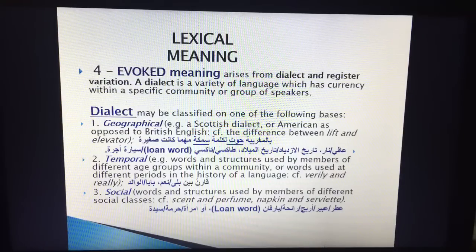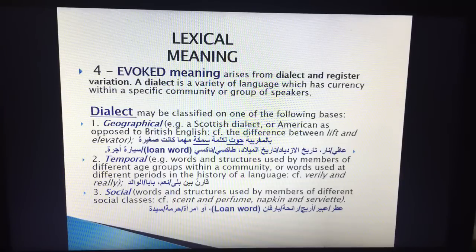And there is also temporal dialect, relating to a temporal element or base, and that is when you are using words that are related to a certain group of people or a certain age, or to a community, or something that is in history, used to be used but not anymore.